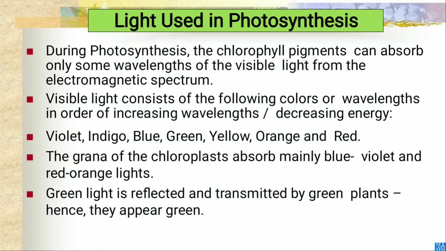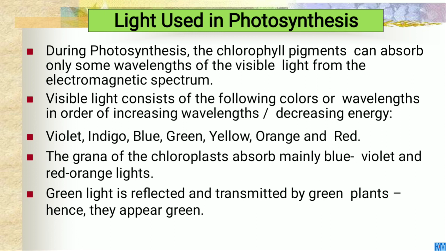Then light plays the major role in photosynthesis. During photosynthesis, the chlorophyll pigments can absorb only some wavelengths of the visible light from the electromagnetic spectrum. Visible light consists of the following colors, in order of increasing wavelength or decreasing energy: violet, indigo, blue, green, yellow, orange and red.